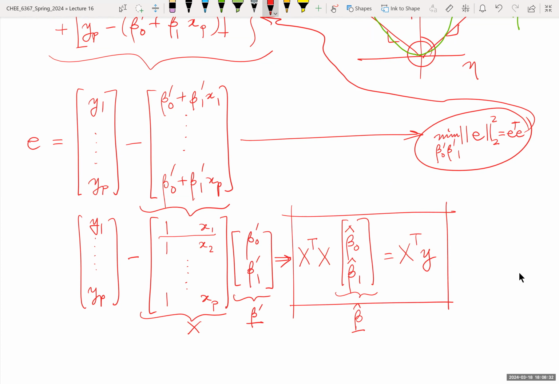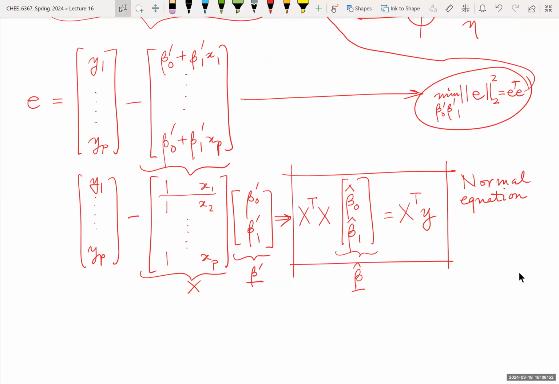And this has a nice interpretation. Sometimes they're called the normal equations, or the normal equation in matrix form. It has nice geometric interpretations about subspace and all that.